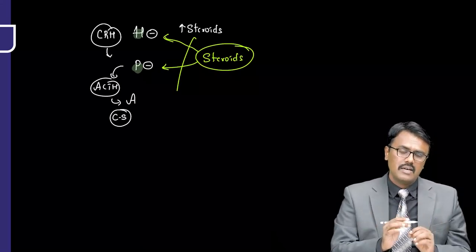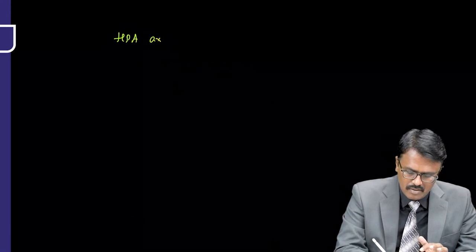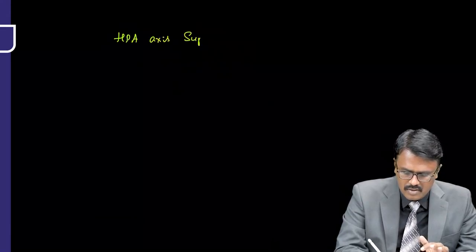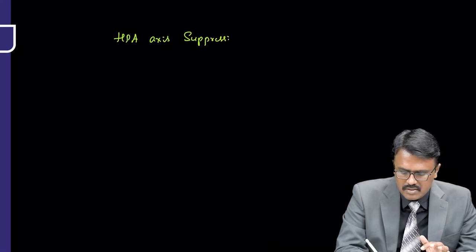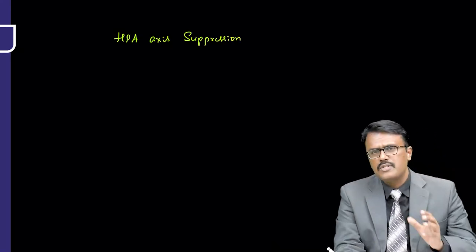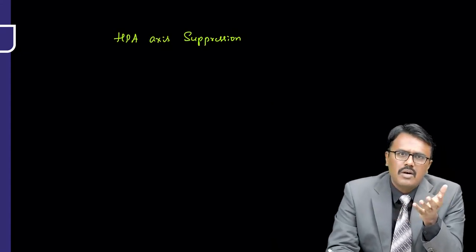Then when does this occur? HPA axis suppression occurs not if you use steroid for 1 or 2 days. 1 or 2 days you use and stop, nothing will happen.